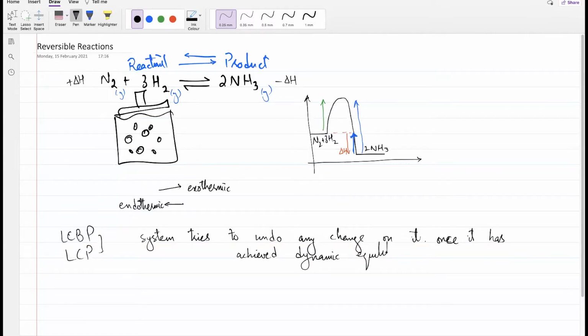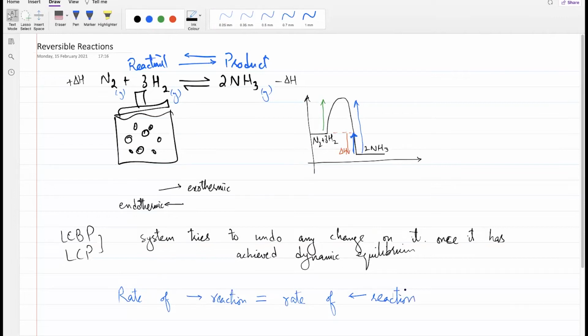So first let's understand what dynamic equilibrium is. Dynamic equilibrium is when the rate of forward reaction is the same as the rate of backward reaction.